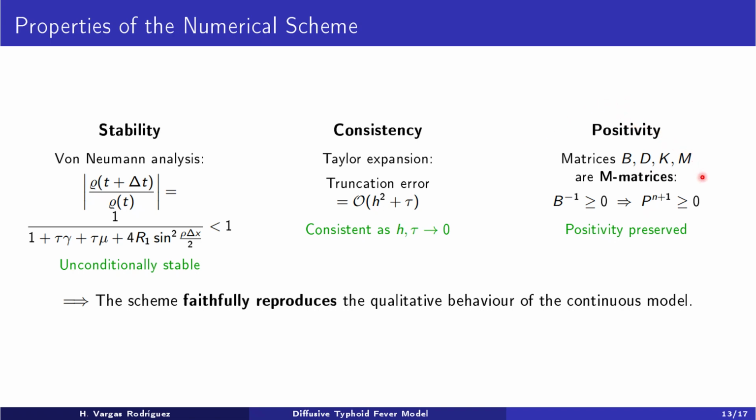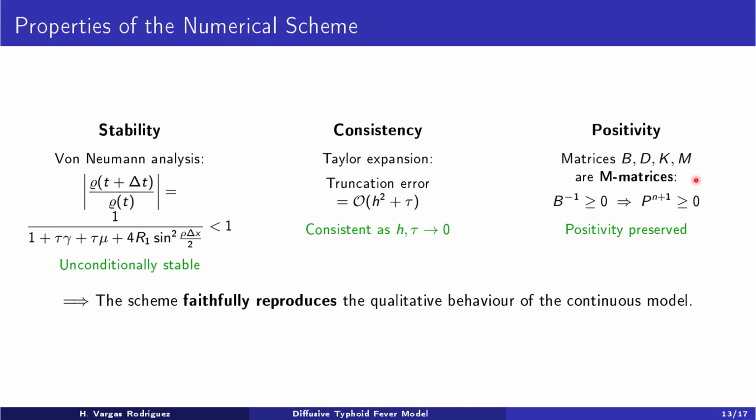The coefficient matrices B, D, K, and M have positive diagonal entries, non-positive off-diagonal entries, and are strictly diagonally dominant.